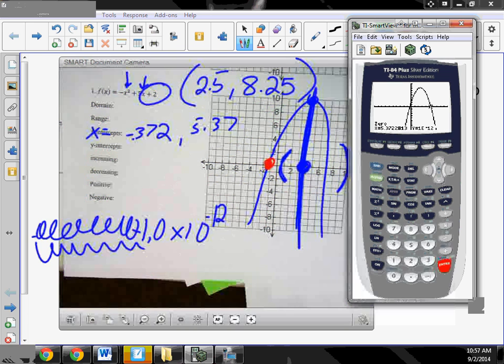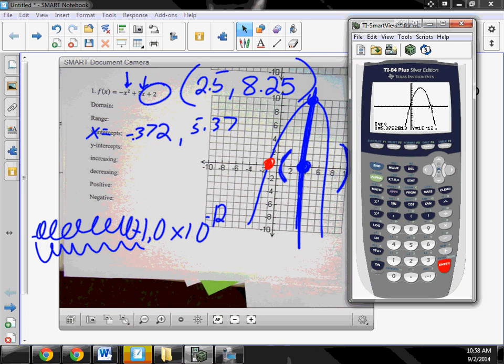All right. What about the domain? All real numbers. What about the range? Well, the range ends up here, right? So how high does the range go? Well, the range reaches this number.